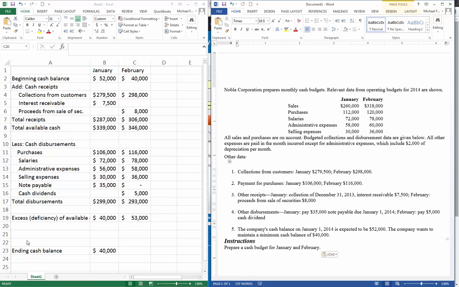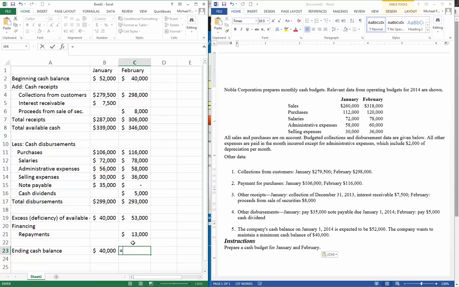Not sure why they're doing it that way, but that's what they have in the key. So under financing, they're going to use some of that additional money to repay a loan, so that their ending cash balance will stay at that 40,000. That's how they have it laid out.